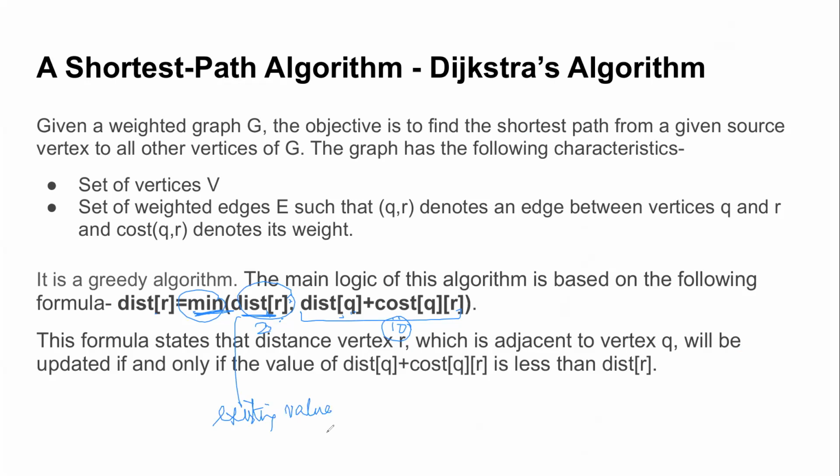What is the scenario when this existing value will be replaced? What is the only condition when the existing value can ever be replaced and updated? Just look at this function and tell me. What is the only condition when the existing value is going to be definitely replaced by the updated value?